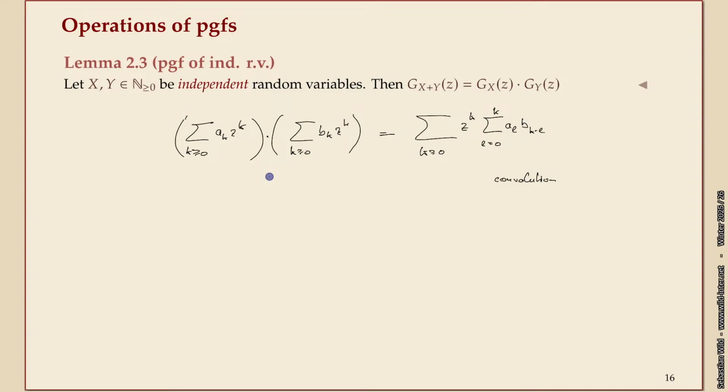And for the probability generating functions, what you get here, AL and BK minus L, that's the probability that X is equal to L. That's the probability that Y is equal to K minus L. If they're independent, then the probability that they jointly have these two values factors, and then you get exactly that this is the probability for X to be L and Y to be K minus L. Of course, then their sum is K. And you sum up over all different options for the value of X, say.